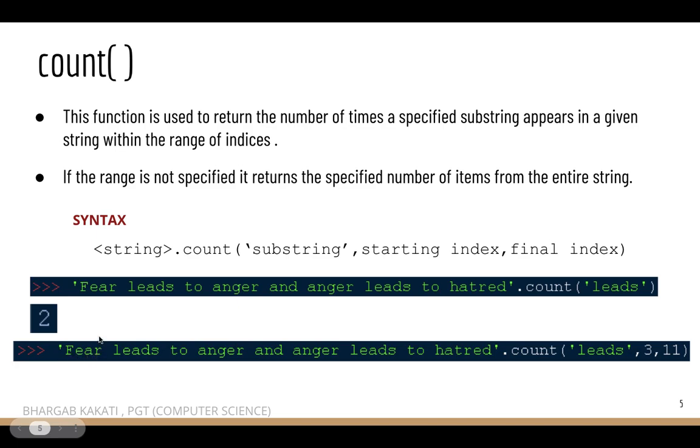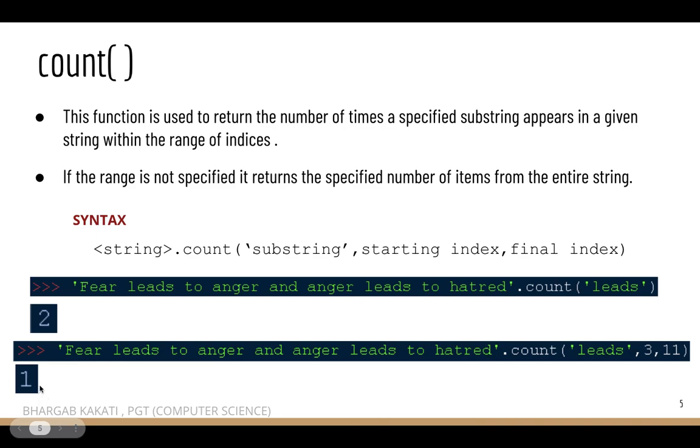That means from this particular position, it will start searching for that particular word. 4, 5, 6, 7, 8, 9, 10. If I give the final index as 11, it will search till index 10. So from 3 to 10, how many times did the substring leads appear? It appeared only 1 time. Therefore, the answer here is 1.